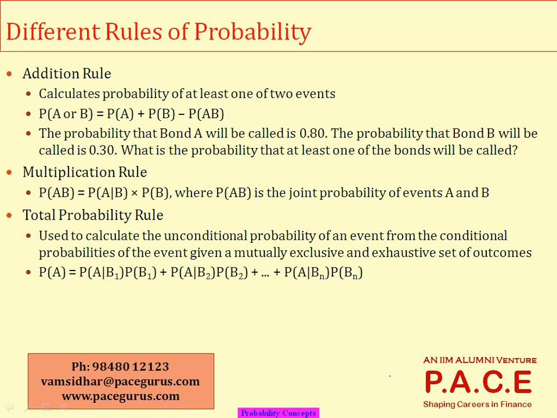These are the three scenarios that I may be more interested in. Looking at two or more events together, if I want to find out the chance of all events occurring together, I use something called the multiplication rule of probability.